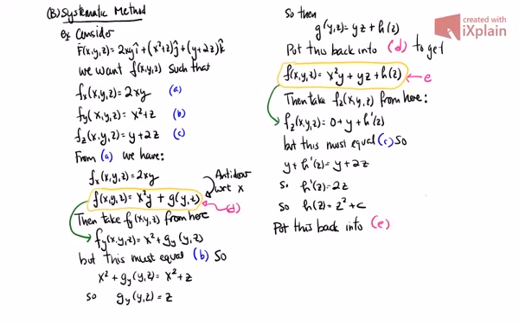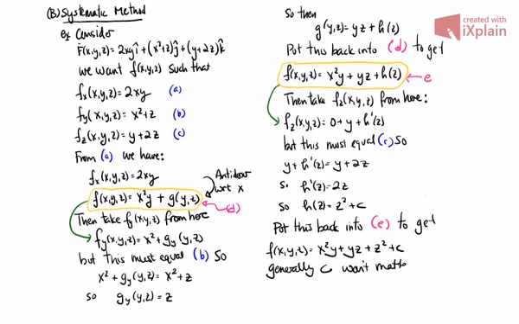And what we get there is f of x, y, z is x squared y plus yz plus h, which is z squared plus c. Now, it turns out that when we're finding a potential function, the plus c won't matter, right? We're looking for a potential function, any one we want, so we just let the c be 0. So generally c won't matter, and this will be our final answer.